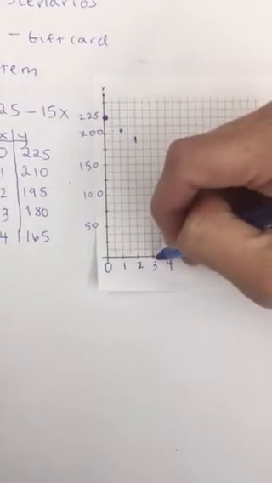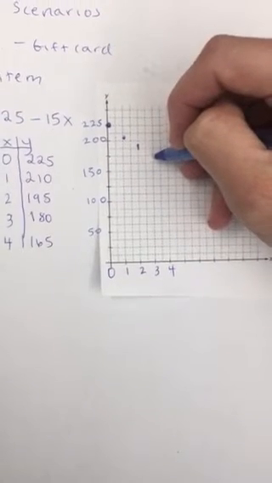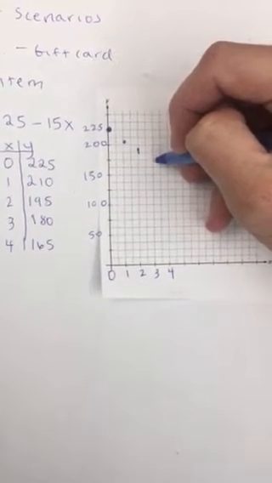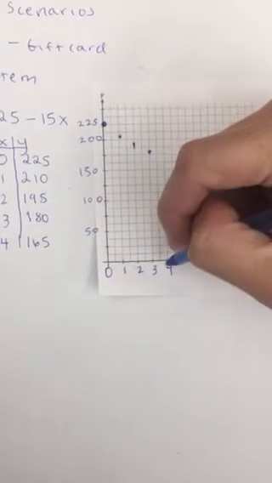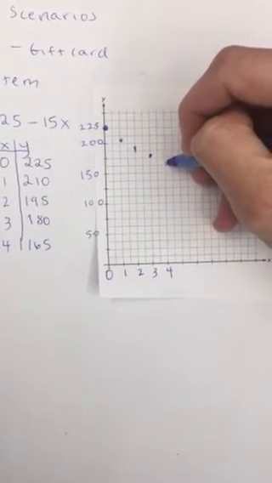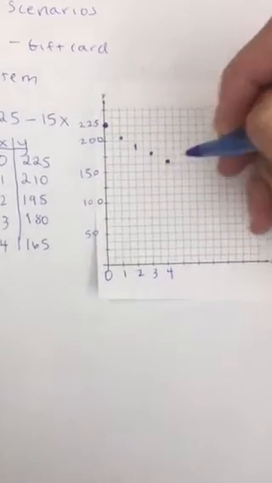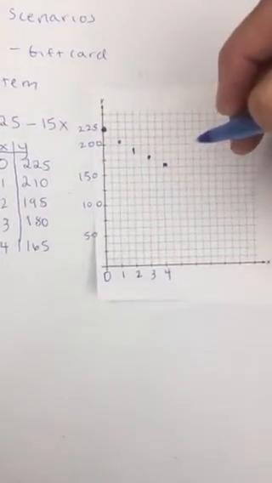And then for 3, I'm going up to 180, so maybe like here. And then for 4, I'm going up to 165, so maybe about there. So I'm just estimating my discrete data points.